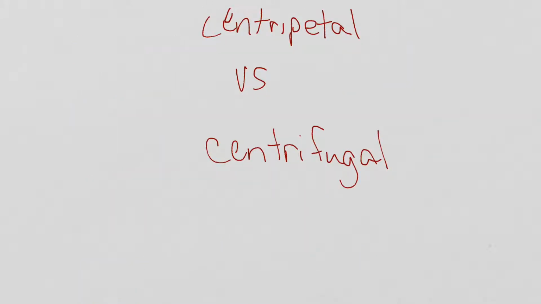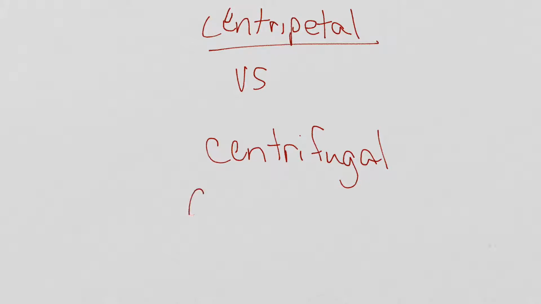So just a quick note, you may have noticed that I have been saying centripetal. You may have heard of the term centrifugal, and they are two separate words. Isaac Newton came up with both words in 1687. The word centripetal means center seeking. It's derived from Latin, and it is talking about the force needed to make something move in a circle.